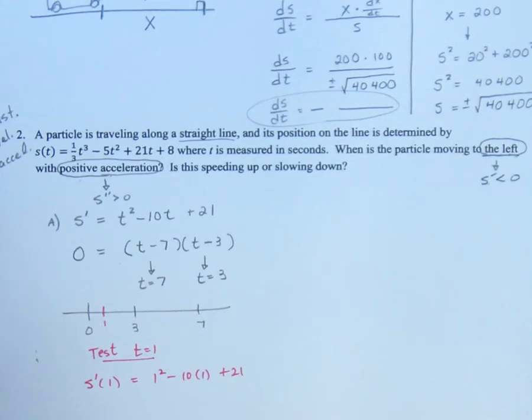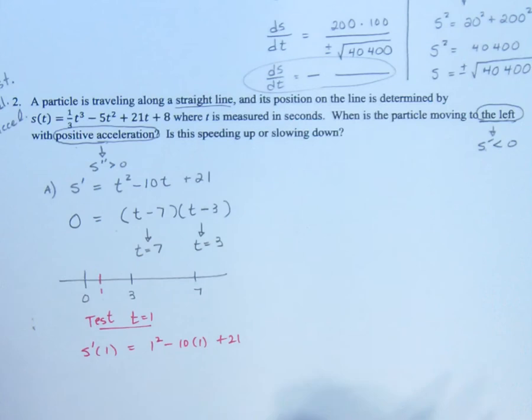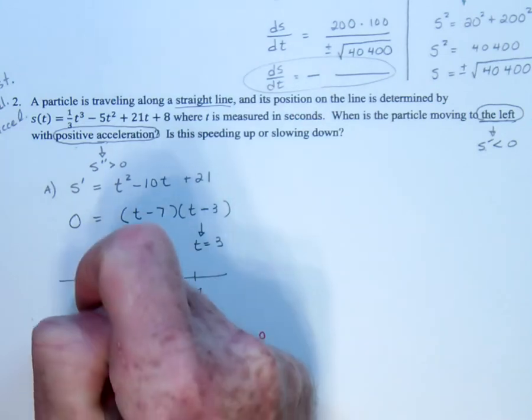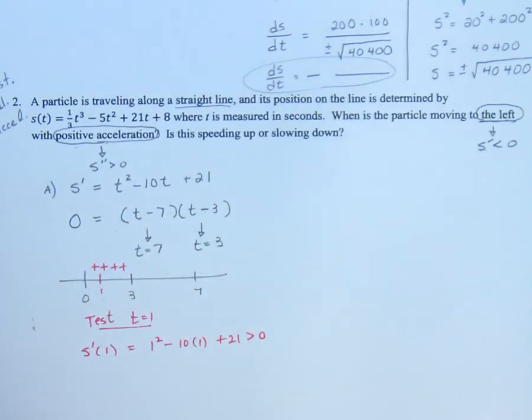So positive means it's going to the right, and negative means it's going to the left. Well, this is going to be 1 minus 10, which is negative 9. Excuse me, I was saying the answer instead of the question. And then negative 9 with 21, well, that's a positive. So that means all in here, it's positive, which means that it's going to the right.